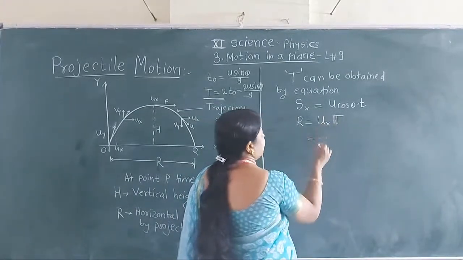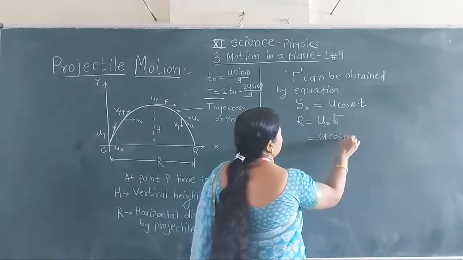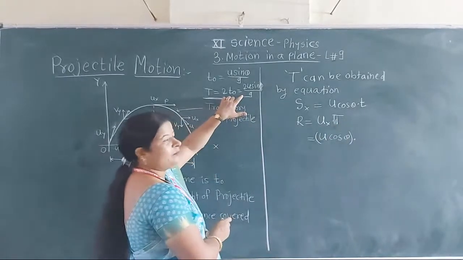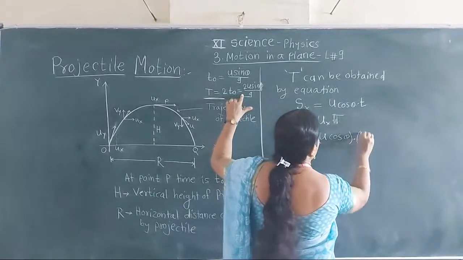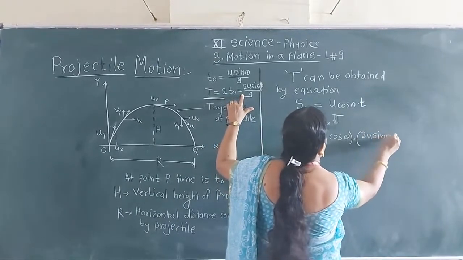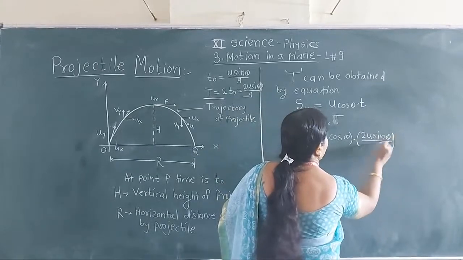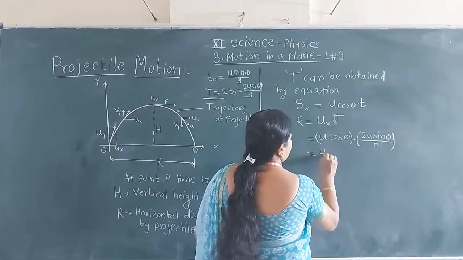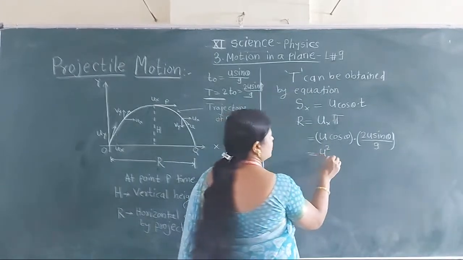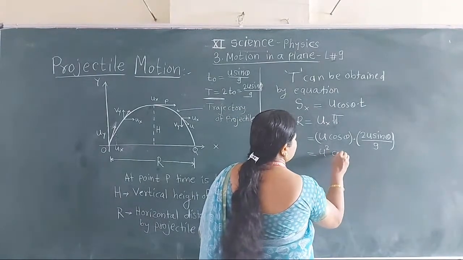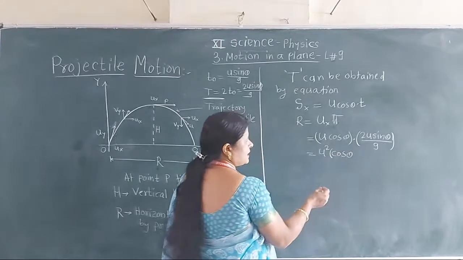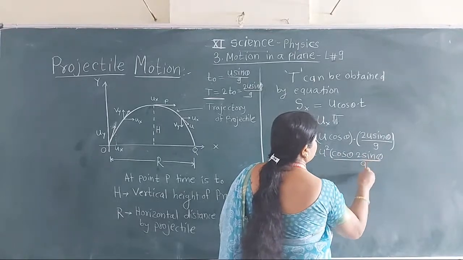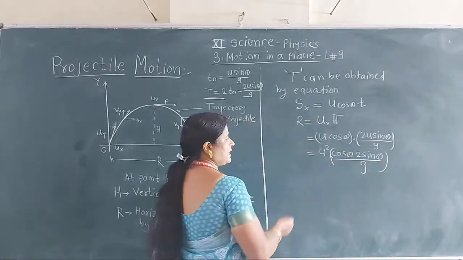Now ux means u cos theta, into T, the value of time, twice u sin theta divided by g, which is equal to u square cos theta into twice sin theta divided by g.